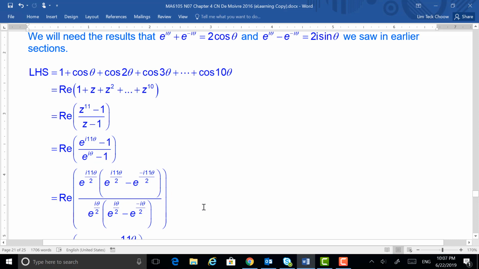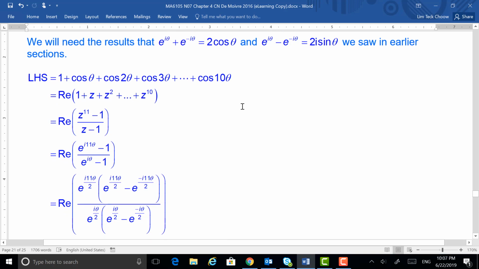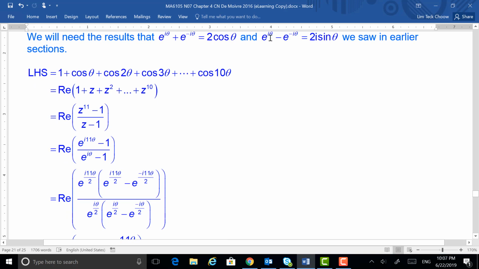Now, ask yourself, why do you think we want to rewrite this into this form? The answer is clear from what we have here. Remember, I told you we need the result that we learned earlier, that e^(iθ) minus e^(-iθ) is a nice result that we can actually use.